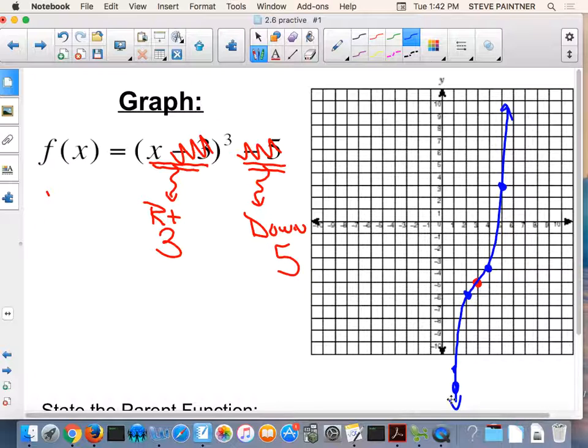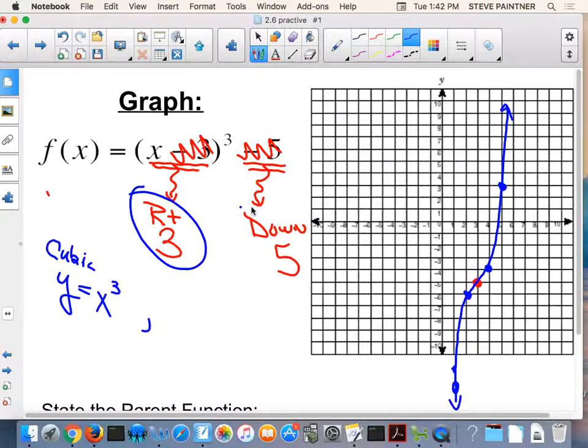Now, question 1. What family are we in? This is the cubic family. And the parent function is y equals what? X to the third. X cubed. Next would be give me the transformations. Next would be what? The pivotal point, right? What's the pivotal point? 3, negative 5.